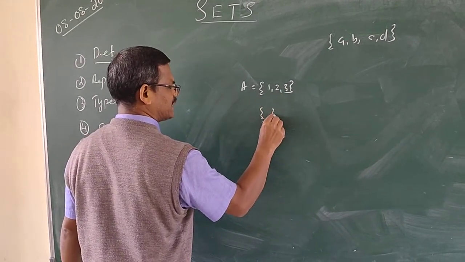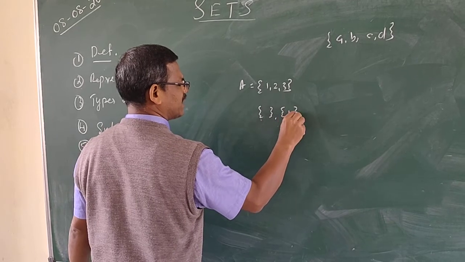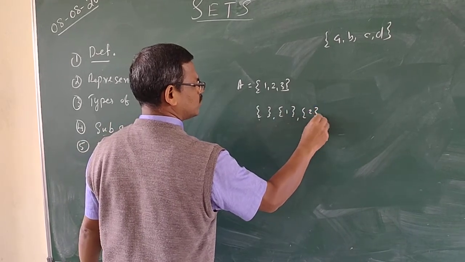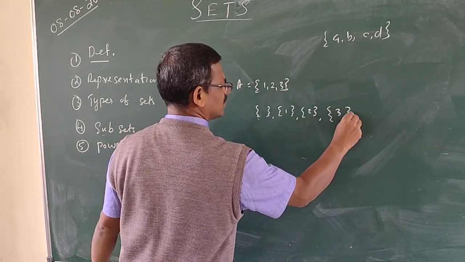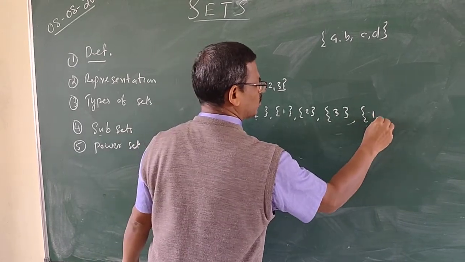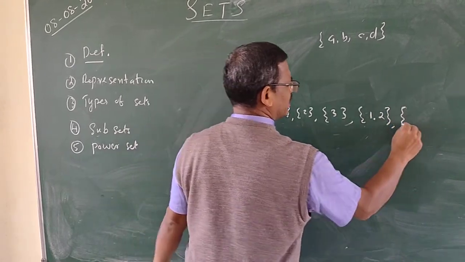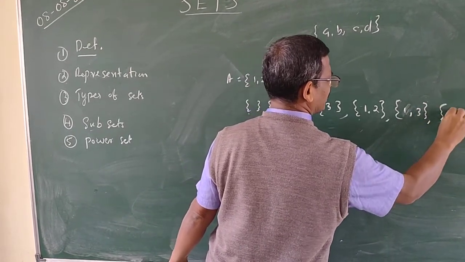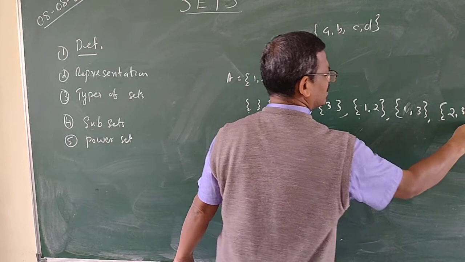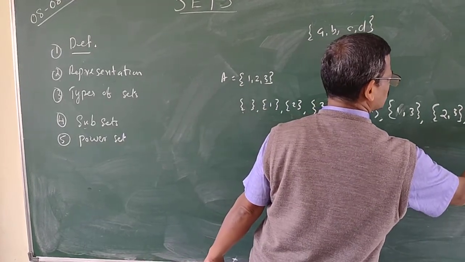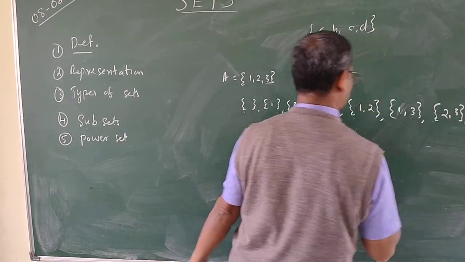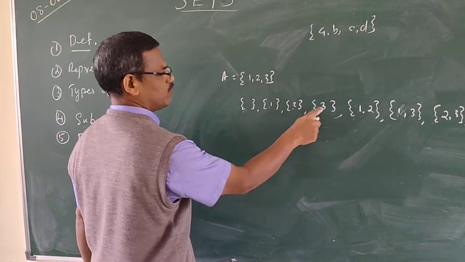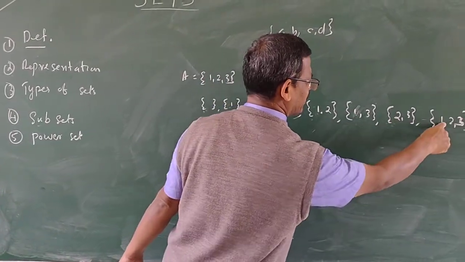One is the null set, others are the singleton sets {1}, {2}, {3}, then {1, 2}, then {1, 3}, then {2, 3}. Then {1, 2, 3}. So 1, 2, 3, 4, 5, 6, 7, 8.